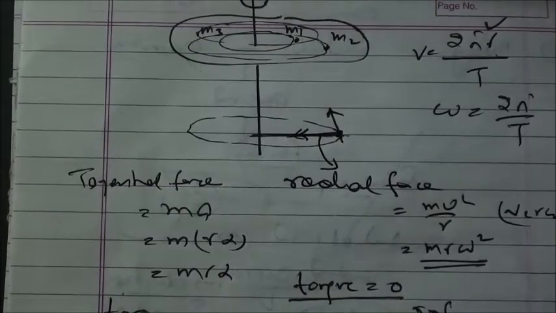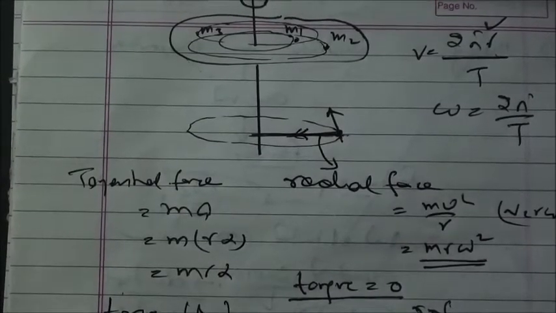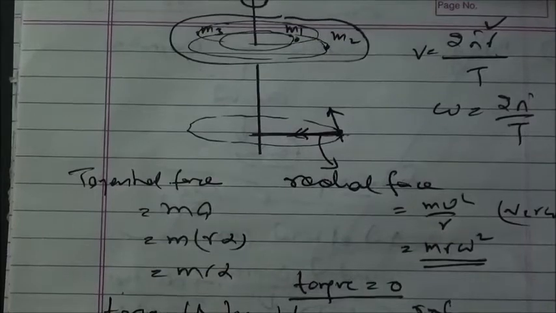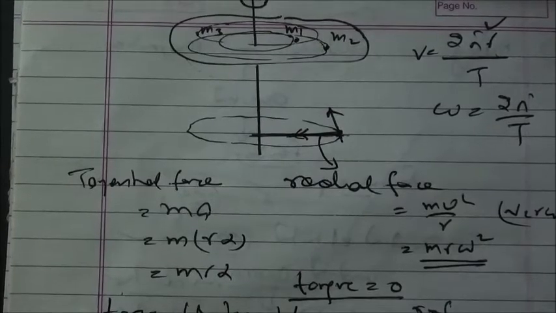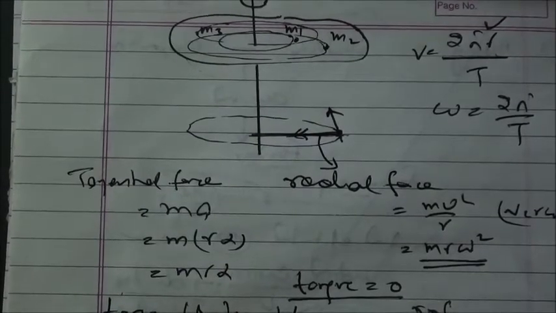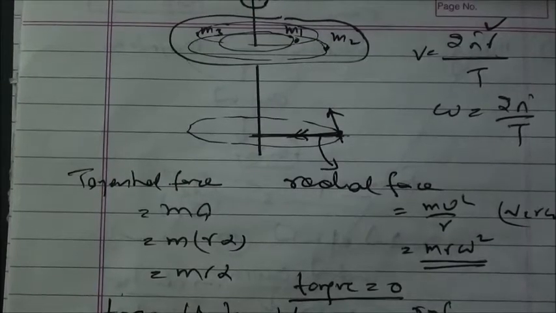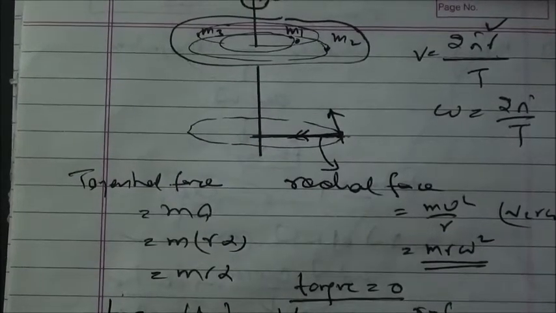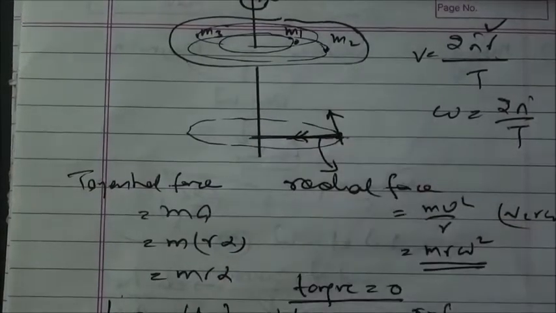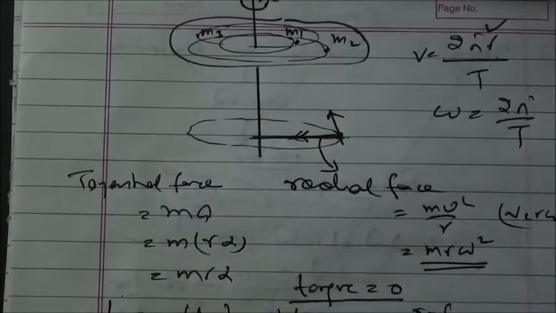What is the torque for the tangential force? It is r cross F or r F sin theta. So r times m r alpha, and with a 90-degree angle, tangential, so m r square alpha.